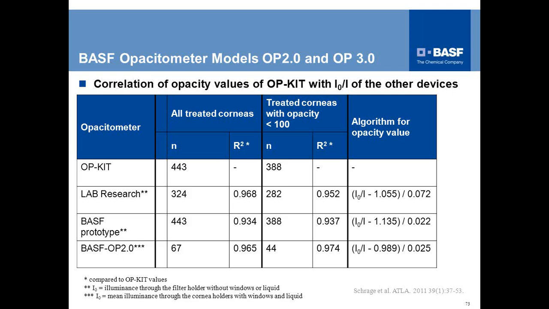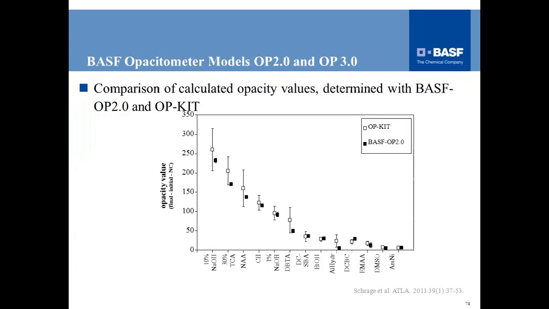This slide shows the number of corneas that have been treated, the correlation of all treated corneas and those with smaller opacity values. In the last column, we have shown the algorithm that is used to calculate the opacity values.